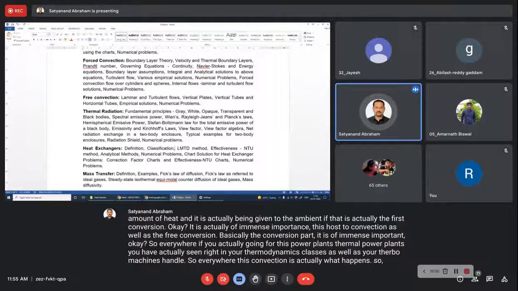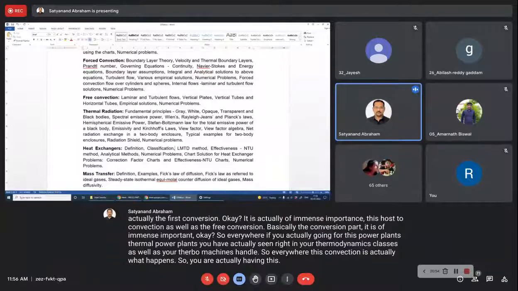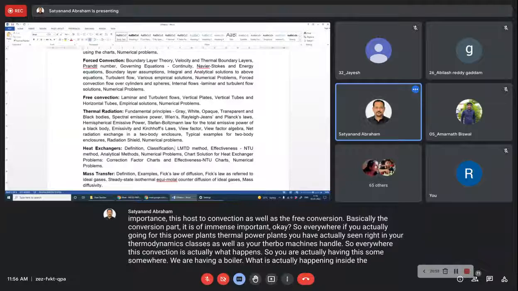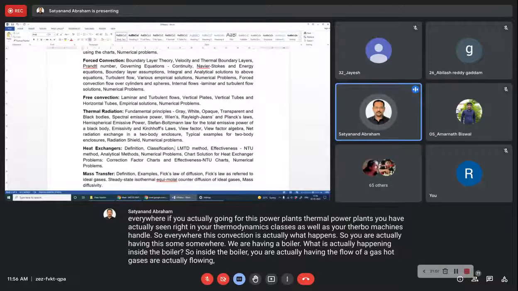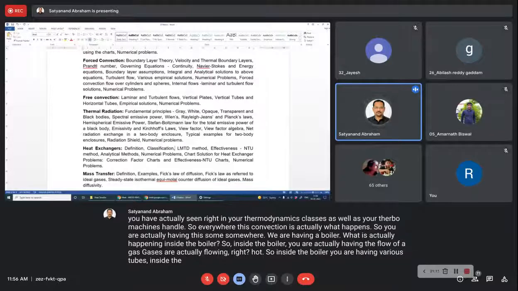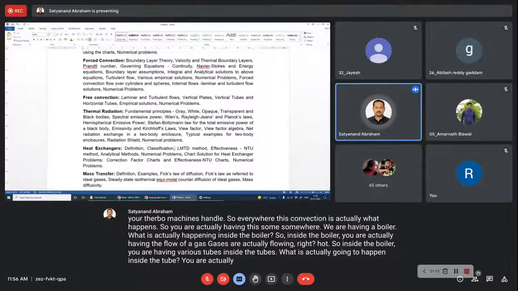Somewhere we have a boiler. What happens inside the boiler? Hot gases are flowing, and inside the boiler you have various tubes. Inside the tubes, you pass the water.